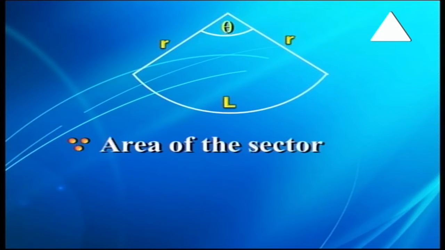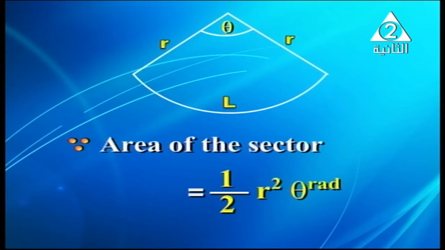Since, my dear student, the area of the sector equals 1 over 2 r squared theta radian. What do you mean by theta radian? Theta radian, from the first secondary, equals the length of the arc over its radius. We have two measures of theta, theta radian and theta degree. What is the relation between theta radian, the length of the arc which is opposite, and the radius?